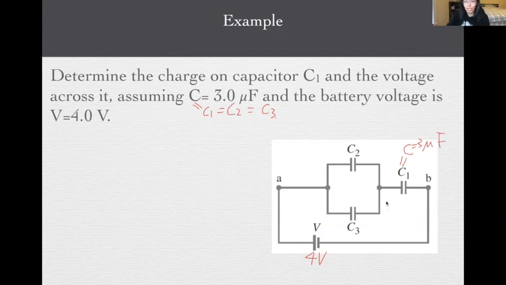Okay. All right, so we need to find the charge and the voltage. How do I approach this problem? It seems like we know so little, and we need to figure out more than we know. So this is like a puzzle problem.